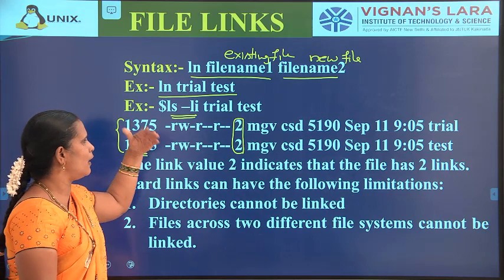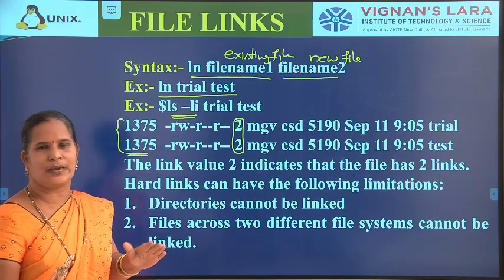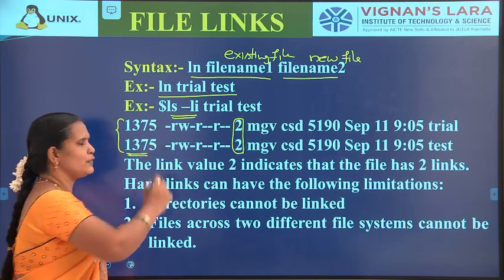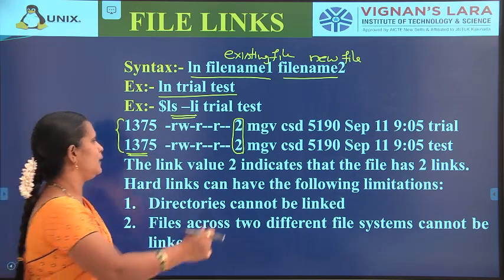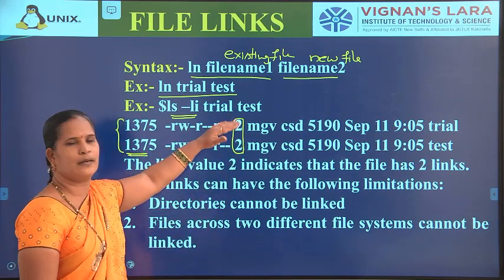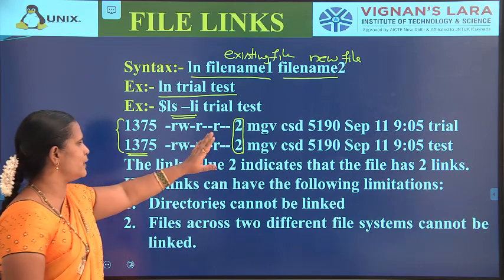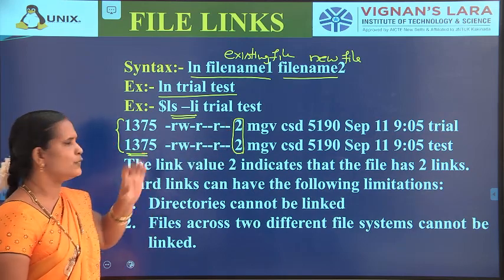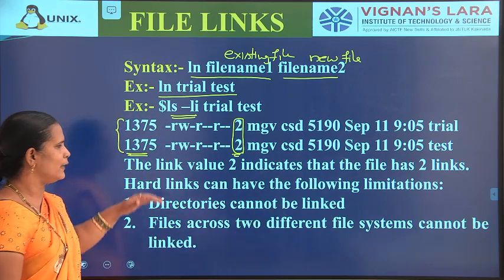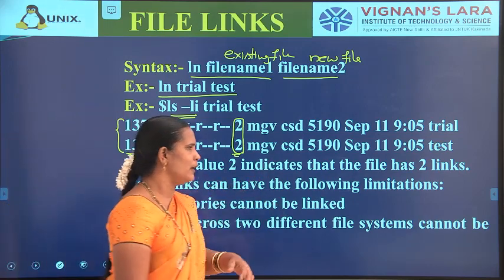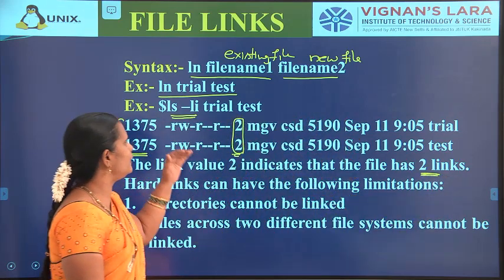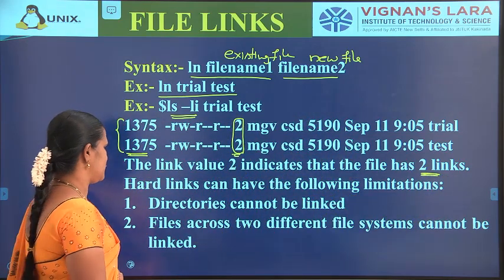Whenever a hard link is established between two files, we have to check whether the inode numbers of these two files are the same, and whether the link information is 2. These 2 points we have to check after establishing a link. The link value 2 indicates that the file has 2 links. Between trial and test, a link is established.